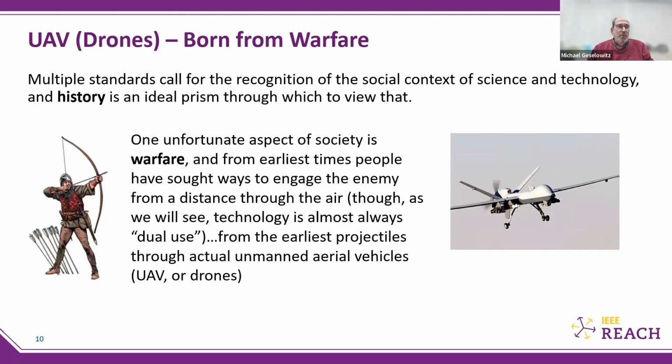One of the things from early on that people wanted to do is find a way to hurt other people, to engage the enemy, so people divide themselves into us and them, and engage the enemy from a distance through the air. So in a way, early projectiles are unmanned aerial vehicles, though with very limited control.